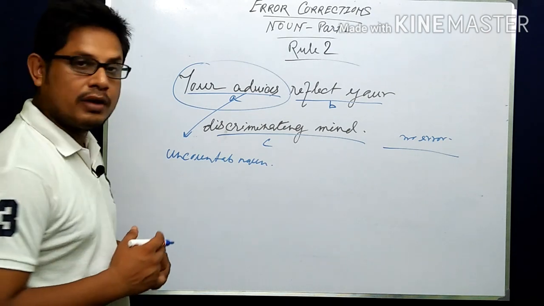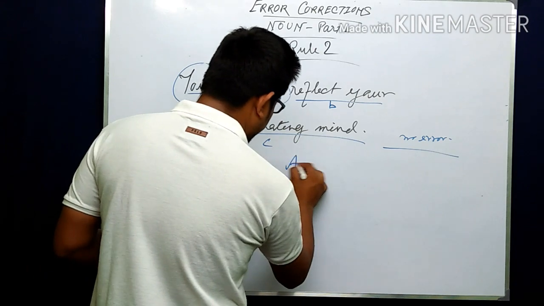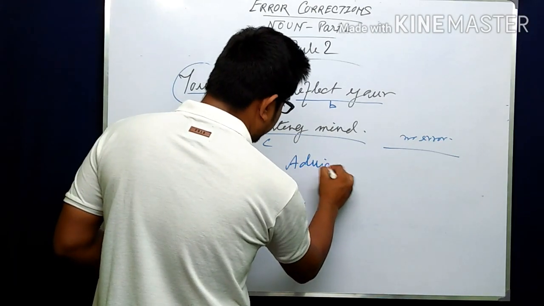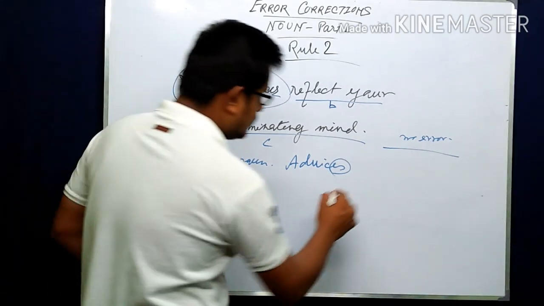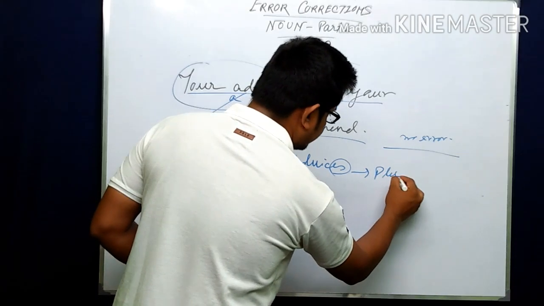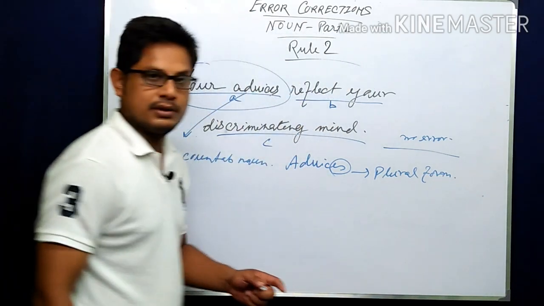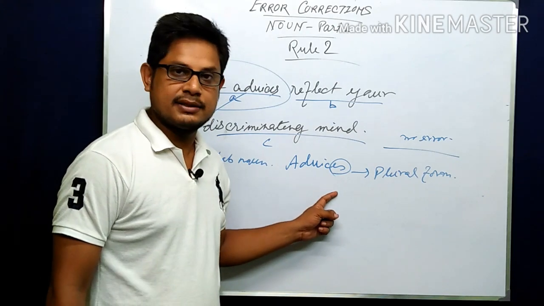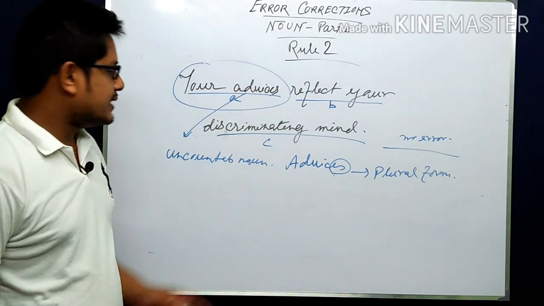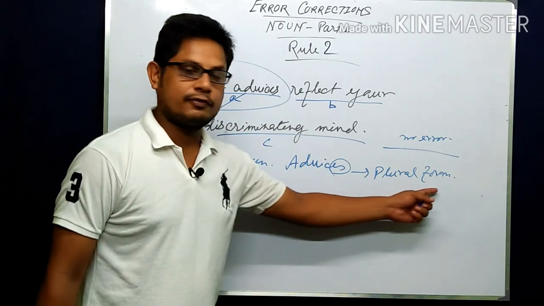Then what's wrong in it? The wrong is, see, I have used advices, C-E-S. So you can see this is the plural form. Isn't it? It is the plural form of advice. But rule number 2 says that an uncountable noun cannot be used in plural form.